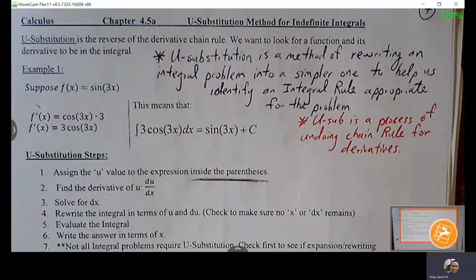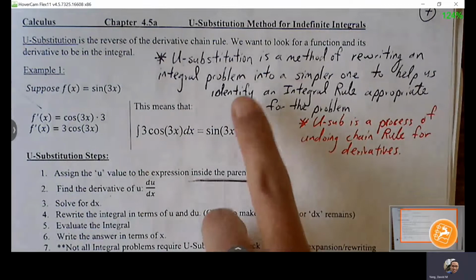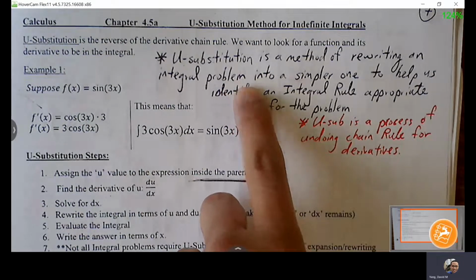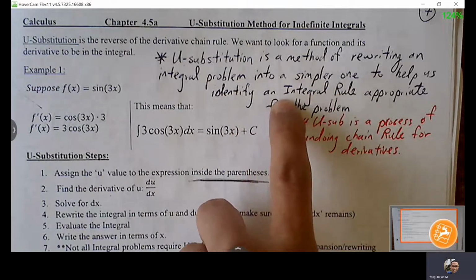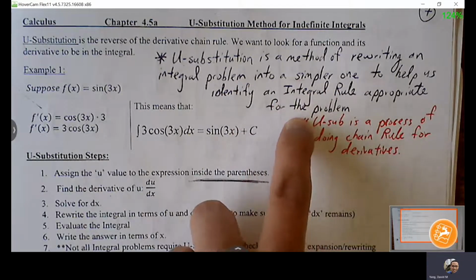So U-substitution is the reverse of derivative chain rule. We basically want to look for a function and its derivative to be in the integral. So U-substitution is a method of rewriting an integral problem into a simpler one in order to help us identify an integral rule that's appropriate for the problem.